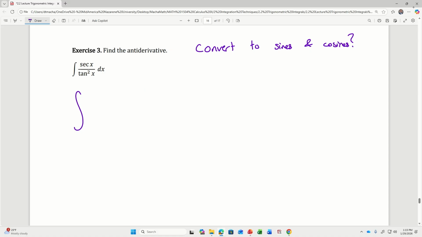Secant is 1 divided by cosine, and tangent is sine divided by cosine. So tangent squared in the denominator is going to become cosine squared over sine squared.